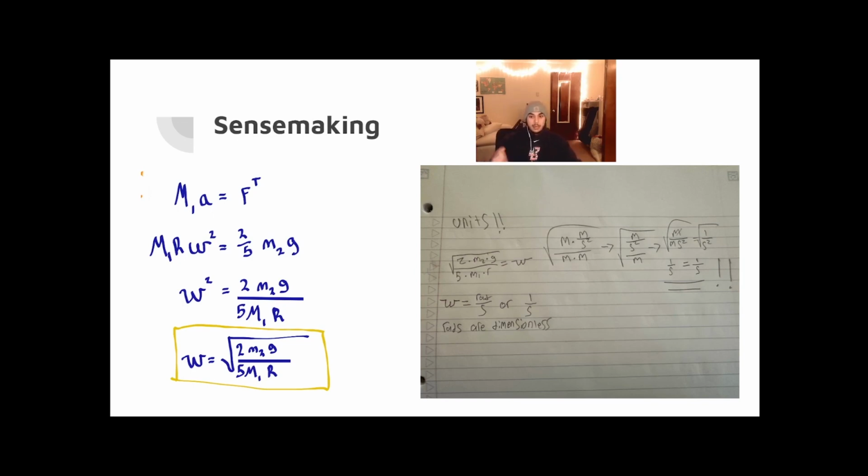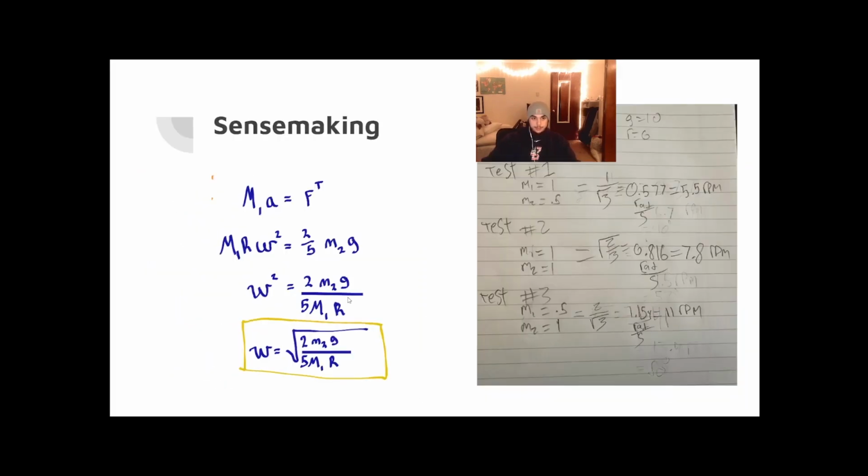So when we plug in our equation and we separate each part by its component and give its units, we have the square root of m times m over seconds squared divided by m times m. Once we run through the math, we find that this equates to 1 over s, so our units match. So the first part of our sense making means, so far, the equation makes sense.